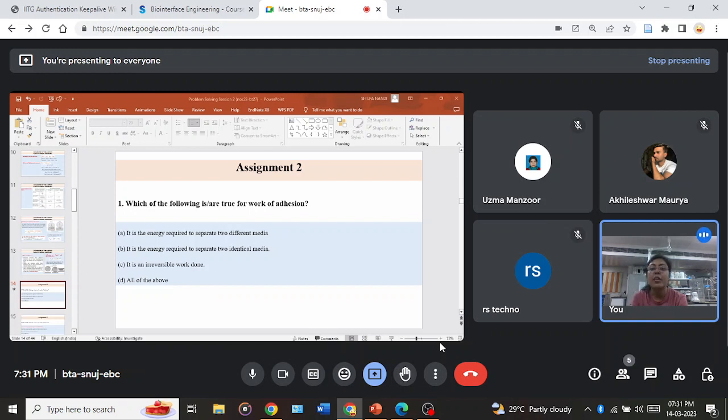Okay, you might think of what work of adhesion is first and then try to solve this question. You may also think about the difference between adhesion and cohesion to rule out any option which is not suitable here.